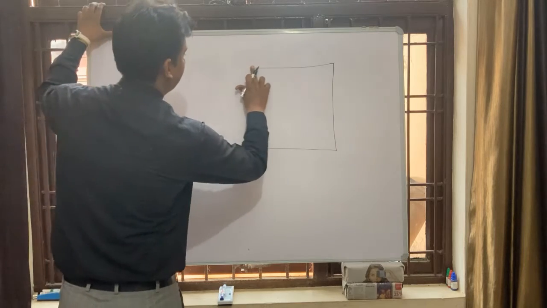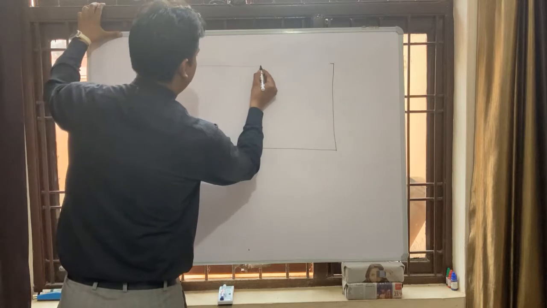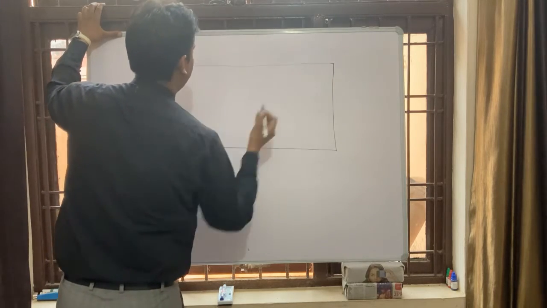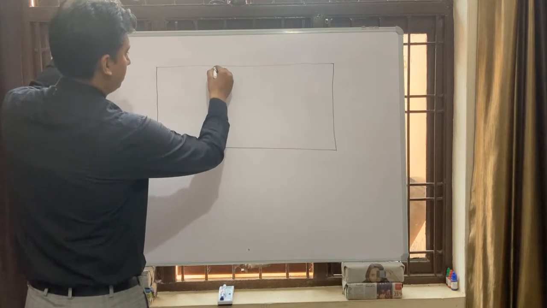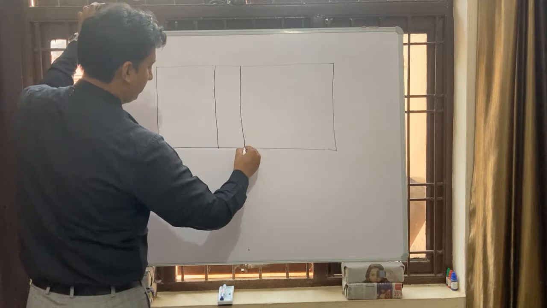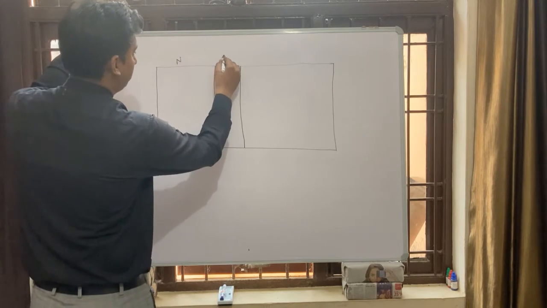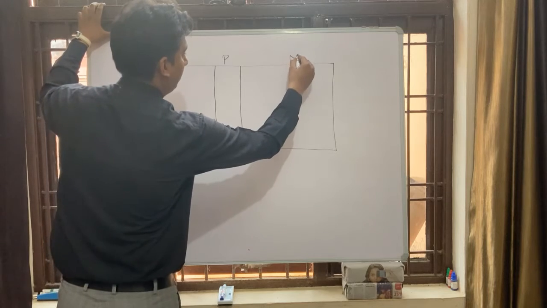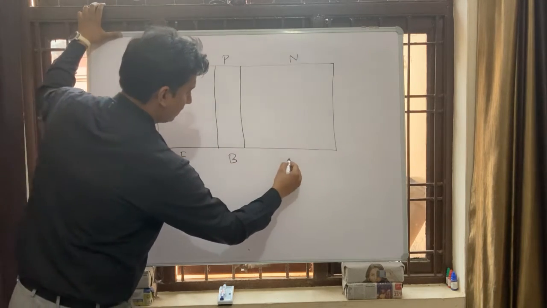Let me draw this straight line. You have to draw it in your paper like this only in your external examination. This is your emitter, this is your base. This is N, P, N, and this is emitter, base, collector.